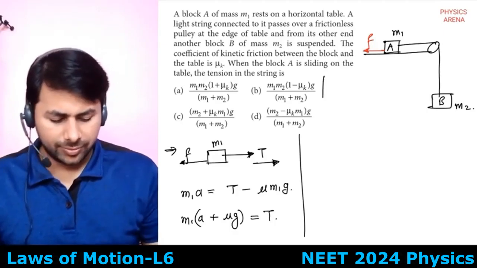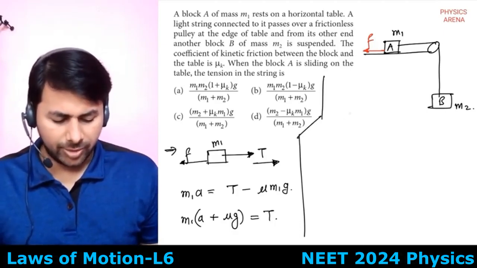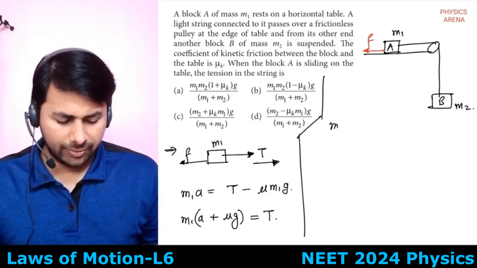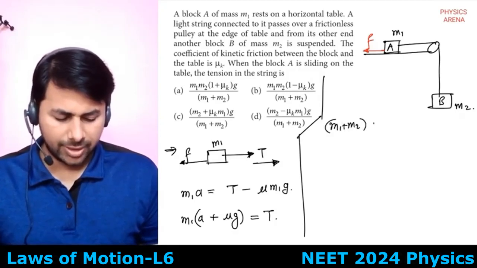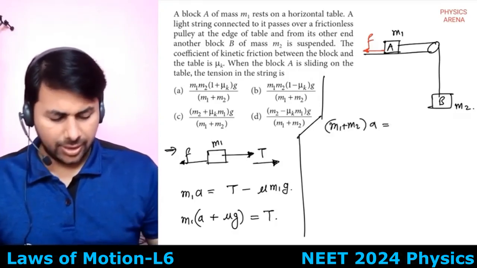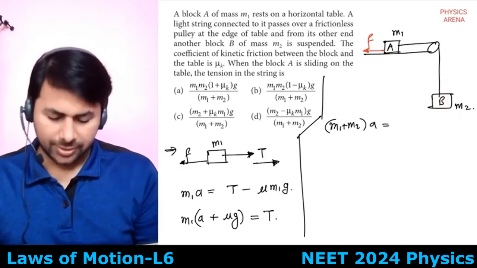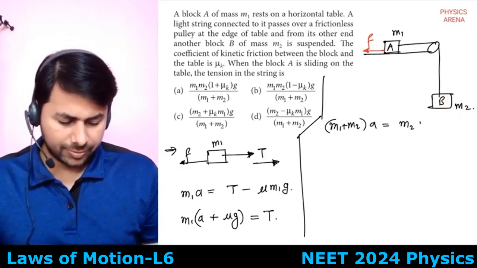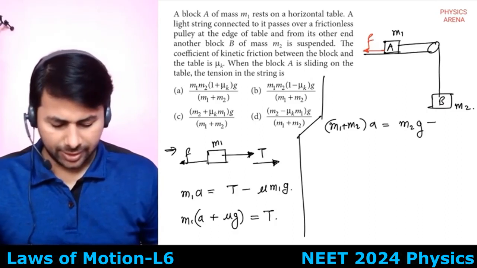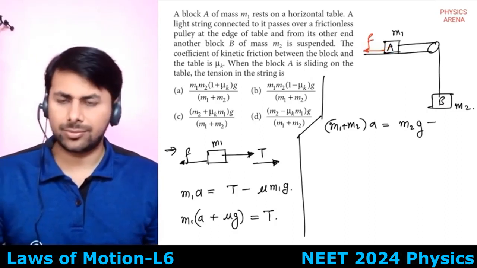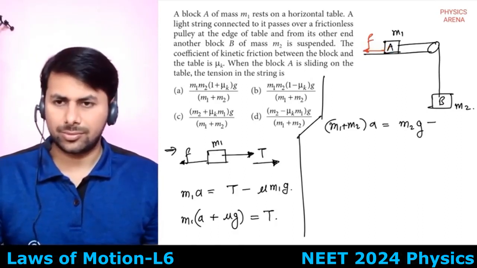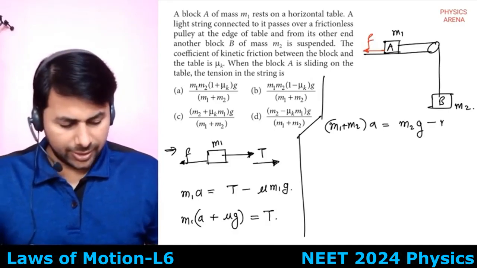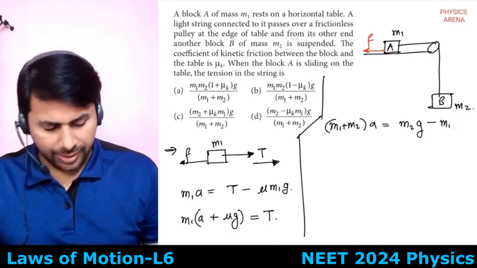And now what you can do, you can just write down the formula for a. You can say m1 plus m2 multiplied by a will be equal to the net downward force, m2 into g minus the frictional force, right? So it is mu into m1g.